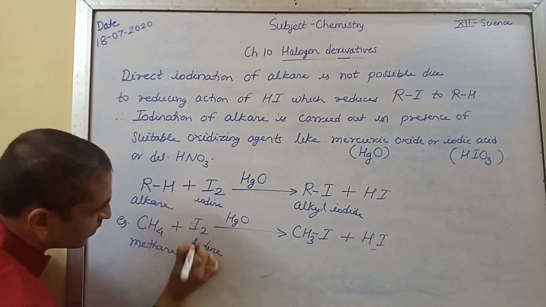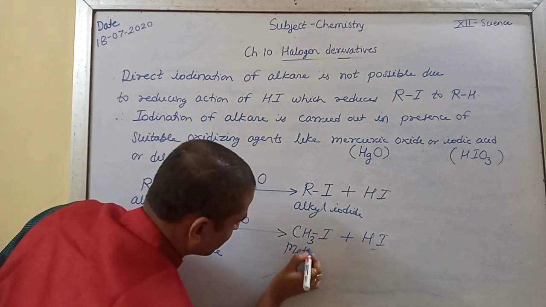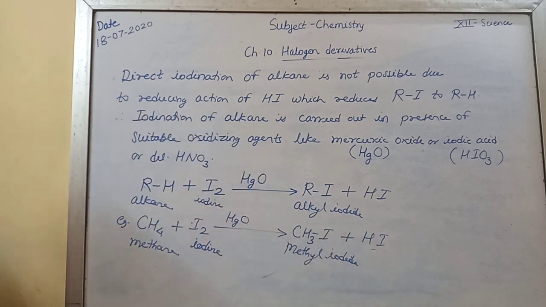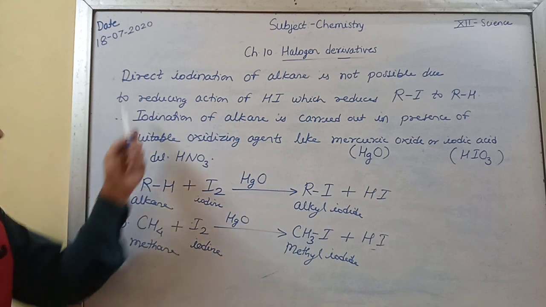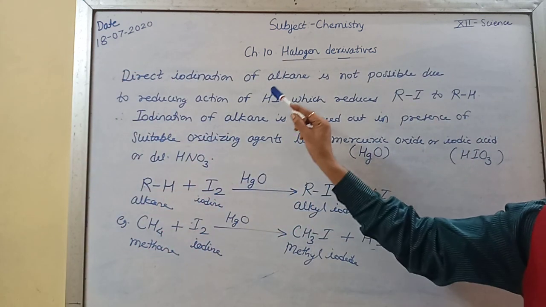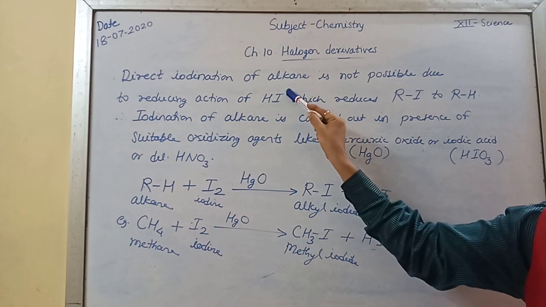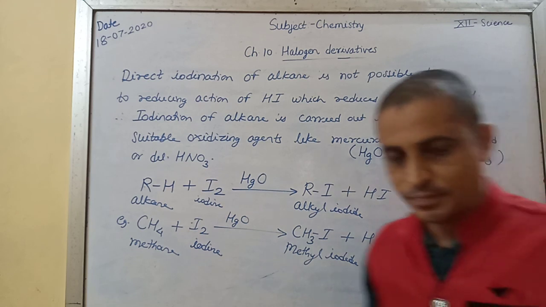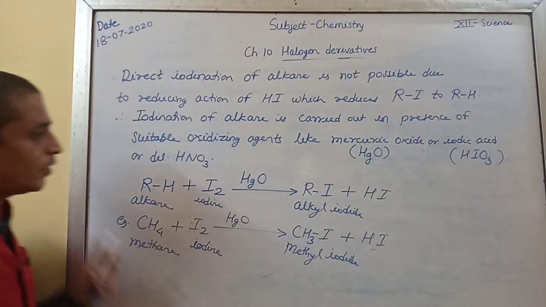Iodine, methyl iodide. Now this is the completion of preparation of alkyl halide from alkane by halogenation reaction. Go through that.